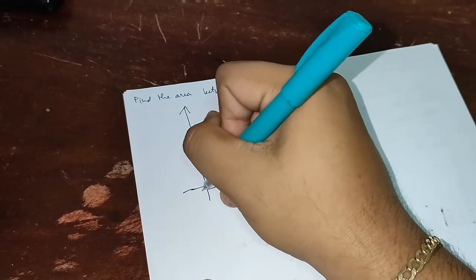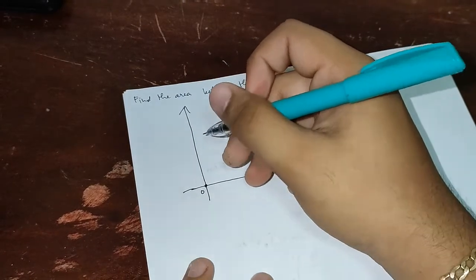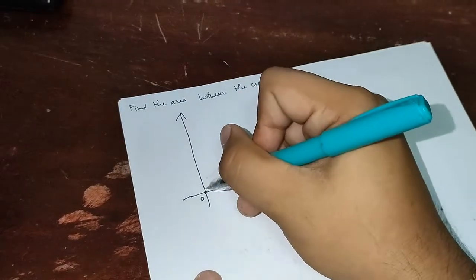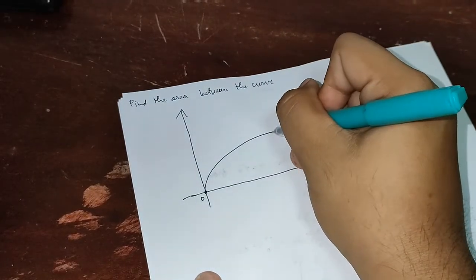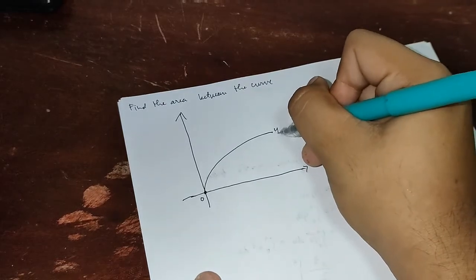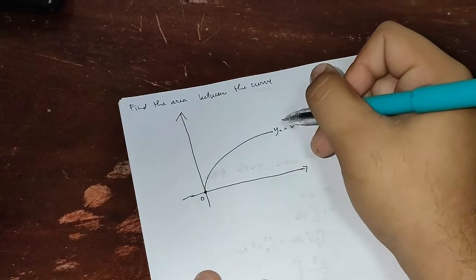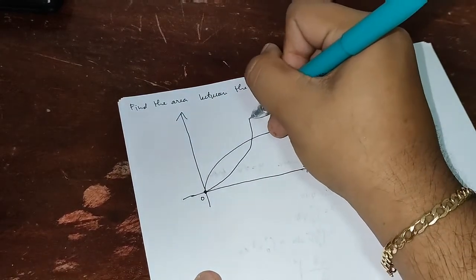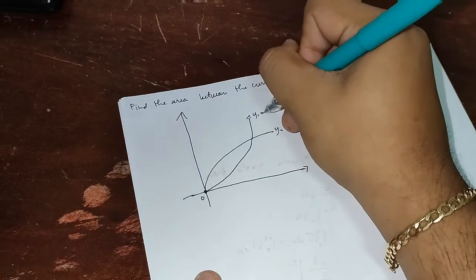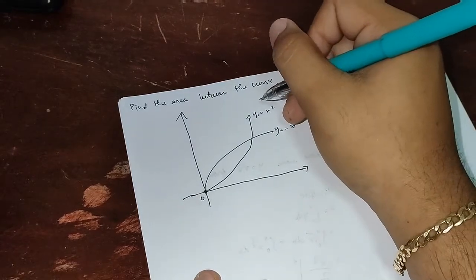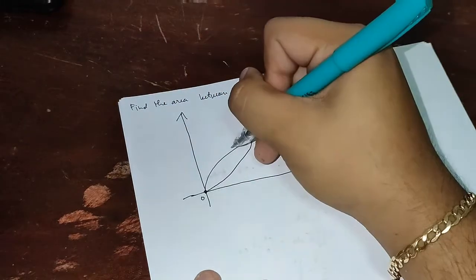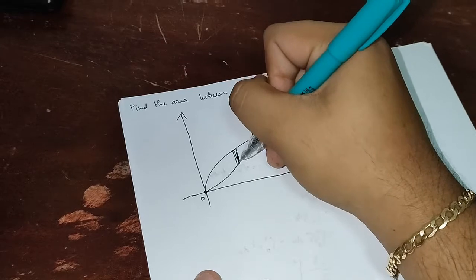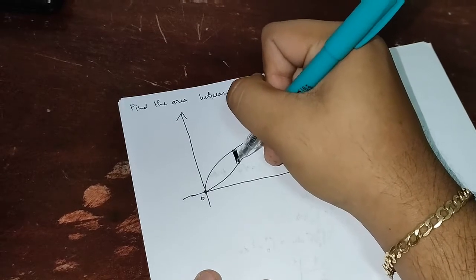Point of origin is 0, and this is the graph. y2 is equals to x. y1 is equals to x squared. And here is the vertical strip between the curves.